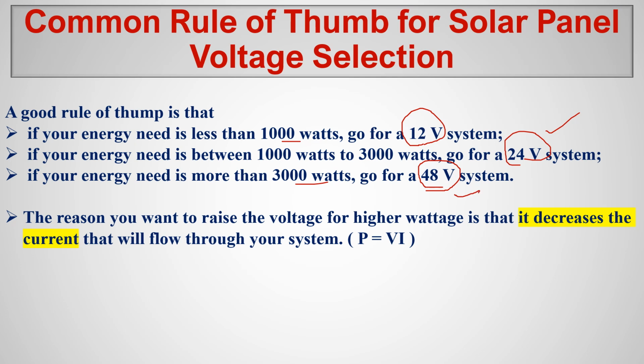This is because in this equation, P is equal to V times I. If the power is increasing, like 5000 watts or 4000 watts, we cannot keep on increasing the current. We have to increase the voltage as well. If we increase the voltage, we can get the appropriate power, because we cannot increase the current to a higher value; if we do, we need a large cable size.